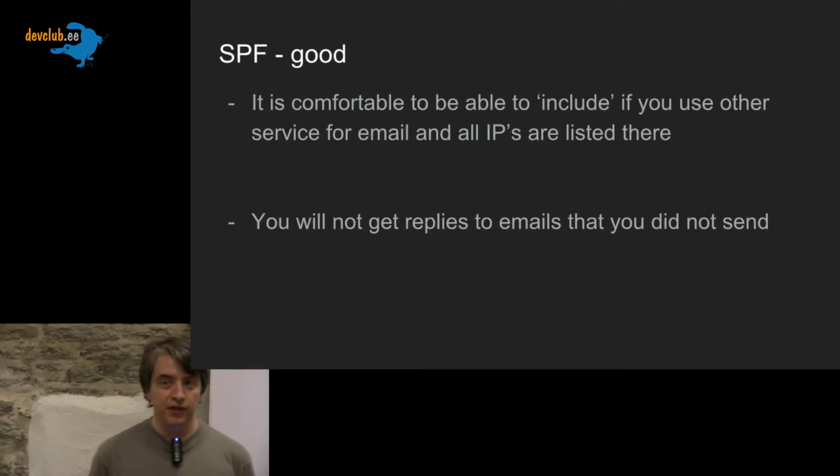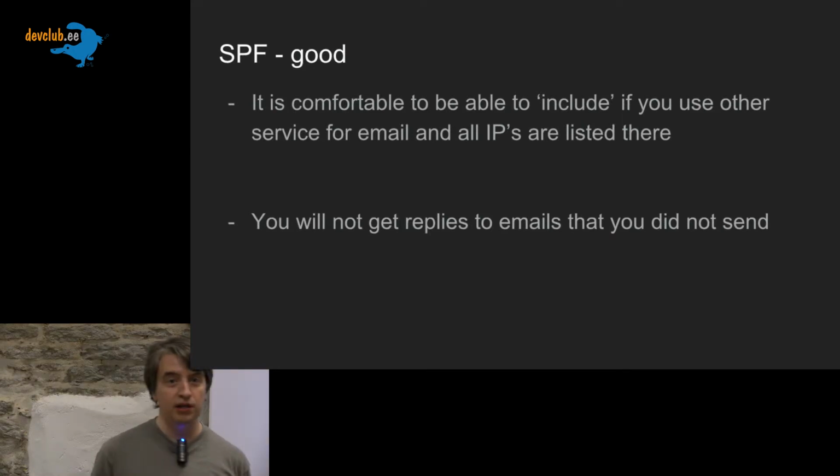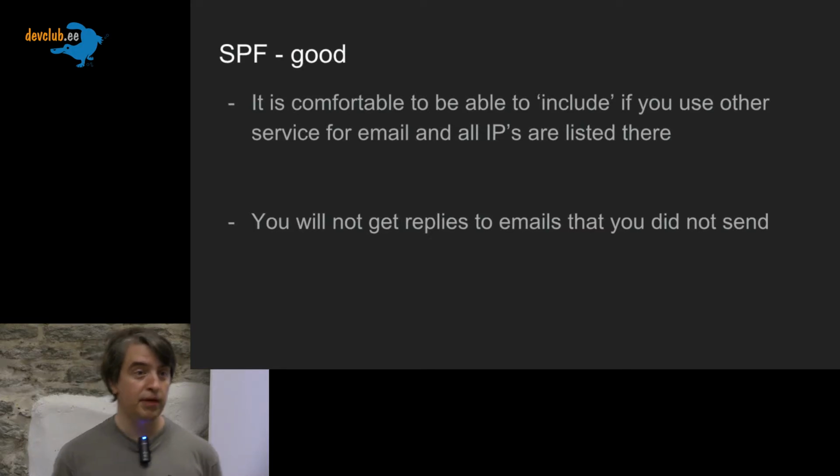And with SPF, you can delegate IP address management to some other party. You just say that you want to include somebody to be your mail provider, and that other party will be managing IPs for you. It's very convenient, and that other party can even include somebody else to be a mail provider.